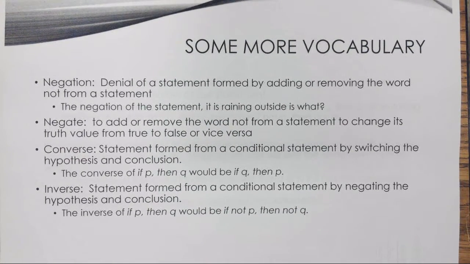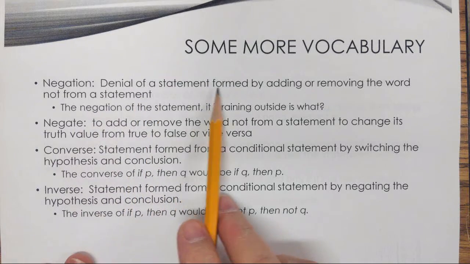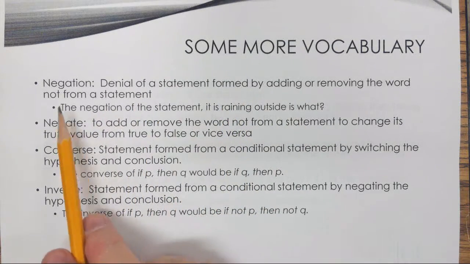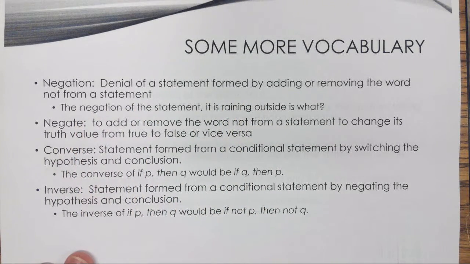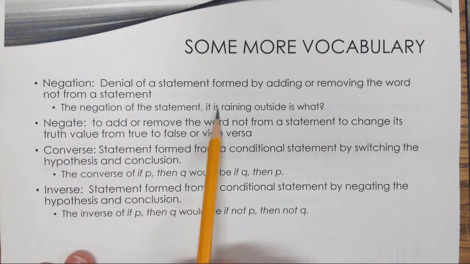So we've got something called the negation. The negation of a statement is the denial of a statement, formed by adding or removing the word not from a statement. So let's think about it. The negation of the statement, it is raining outside. What is the negation of that statement?